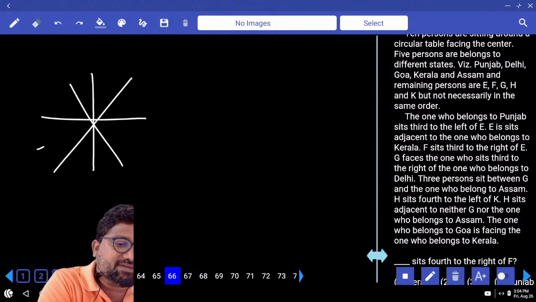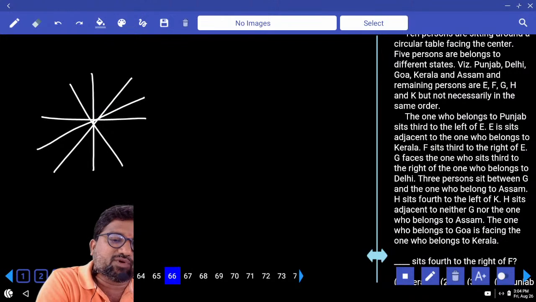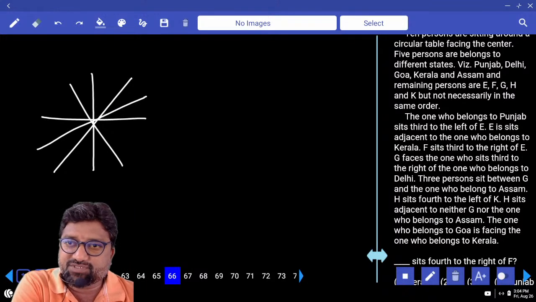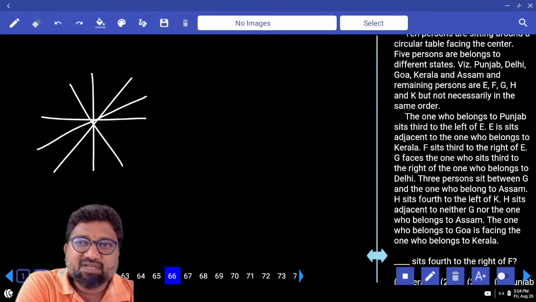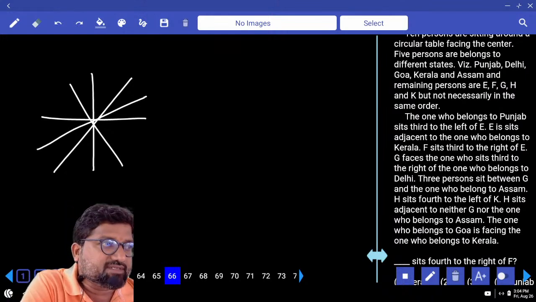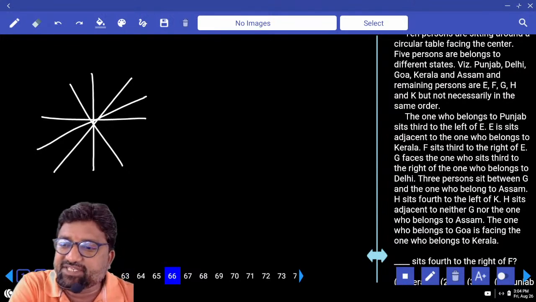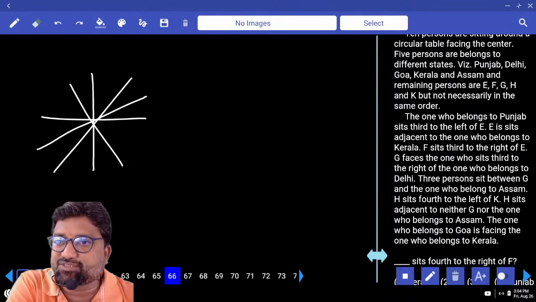Whenever there are an even number of people sitting around a circular table, 100% guarantee opposite positions will exist. When there are an odd number of people sitting around the circular table, opposite positions do not exist, because we have to distribute everyone equidistant to each other in circular arrangement.